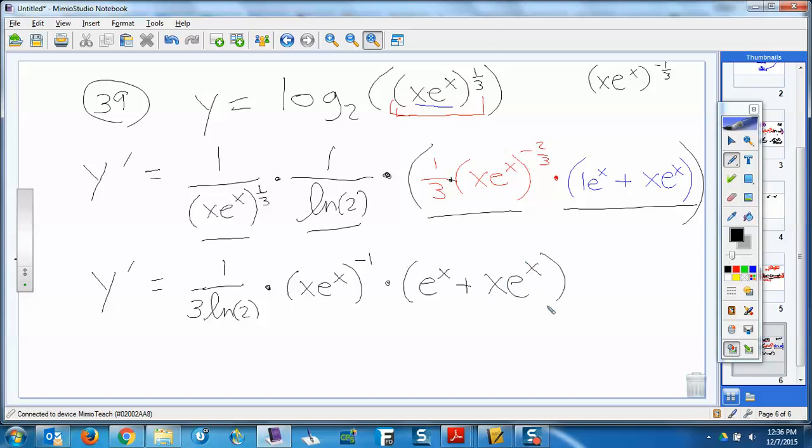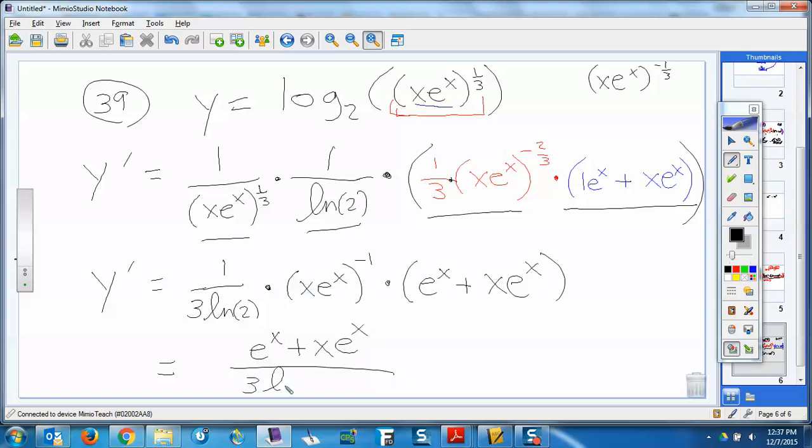Now, is there any more? I think there is something more I can do here. Yeah, I could factor out an e to the x in those parentheses. Now, why would that be good? Because this negative 1 power, what can I do with that? That can go to the bottom. So actually what I have is e to the x, x e to the x on top, and that can go to the bottom.